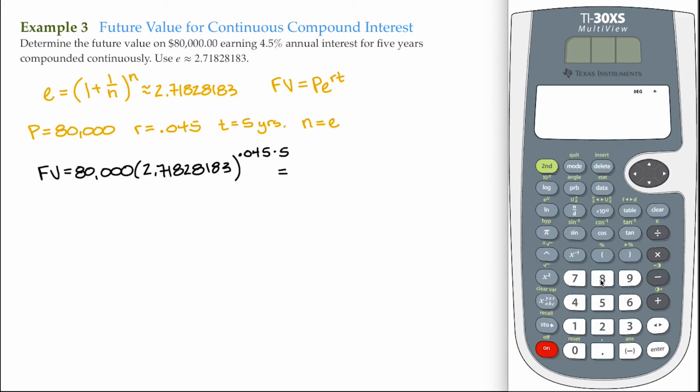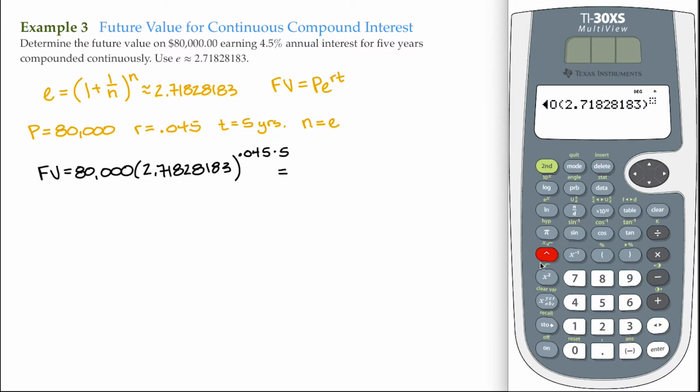So then in our calculator, type in the 80,000 just as we see it. Right here, I'm going to type it in just as we see it. E is 2.71828183. Close off the parenthesis. Here's my caret key.